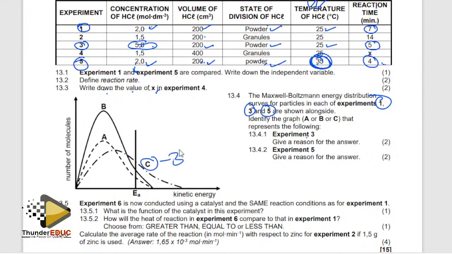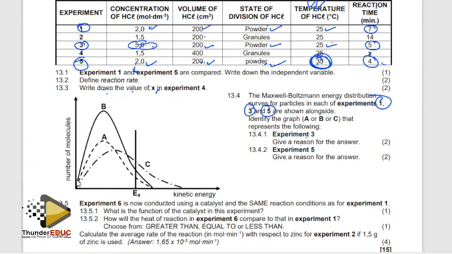And then give a reason for your answer. What can you say about experiment 3? No. Because this one, temperature. No. If you look at the temperature, the number of particles having the sufficient energy, yes, but it has a high concentration.